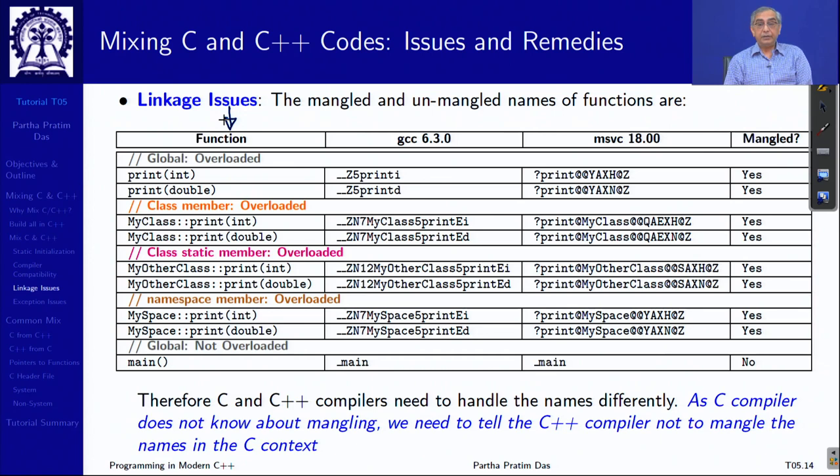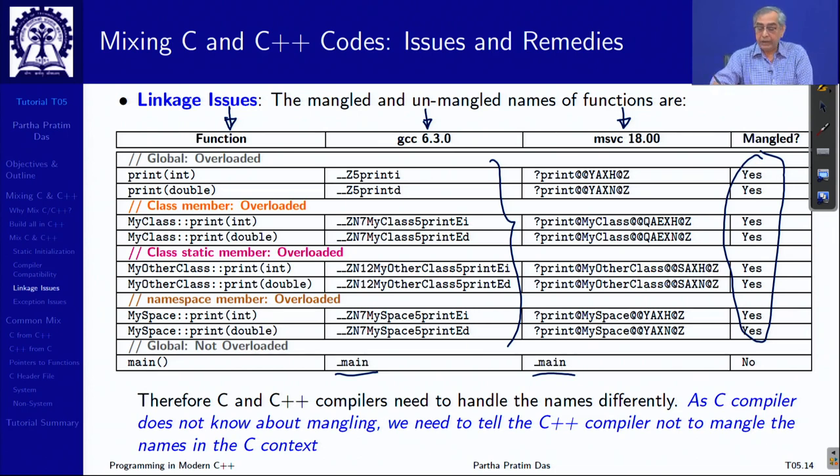Here is the original function, and I have given you the list from GCC as well as from Microsoft Visual C++, and you can see how the names have been mangled so that the functions can actually be distinct in terms of what is called by the compiler. You can see all of these are mangled except for main, because main, even in C++, is a unique function. You cannot have another main function or anything by that name. Okay.